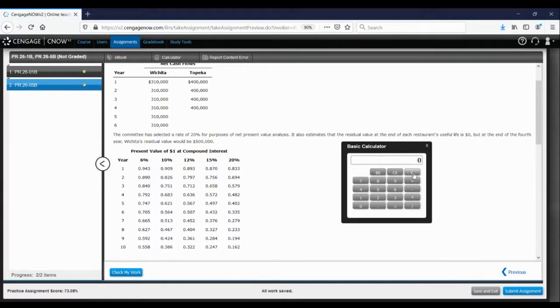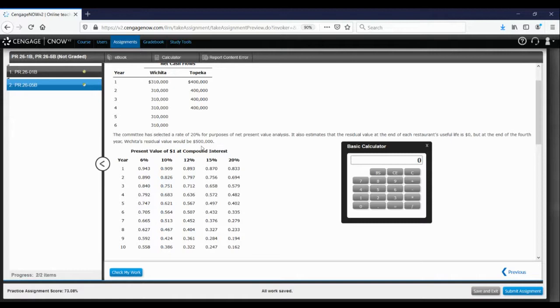Then we're going to determine the total present value for years 1, 2, 3, and 4 with the extra $500,000 cash flow that we are expecting from the Wichita investment.